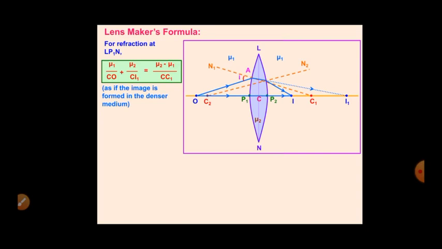Now for the final image, as I1 serves as the object, the light is incident on the second refracting surface, LP2N.